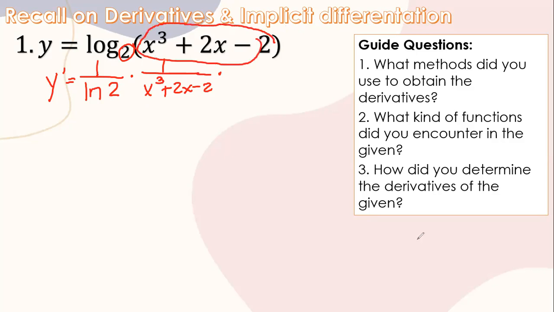Okay, so we have 3x. Okay, derivative pa nung kasama ng ating logarithm nasa loob. So x cubed plus 2x minus 2, ang derivative niya ay, if first term is 3x squared, bumaba yung exponent na minusan ng 1, plus 2.